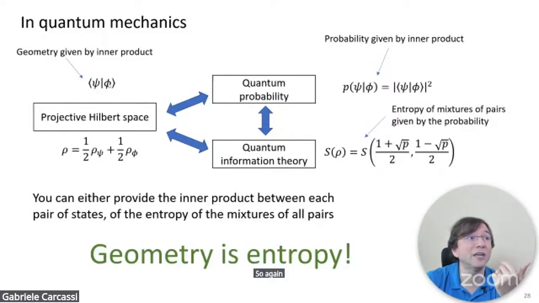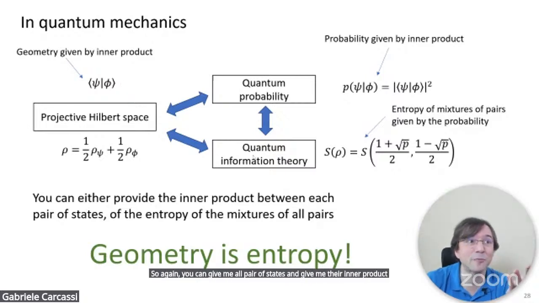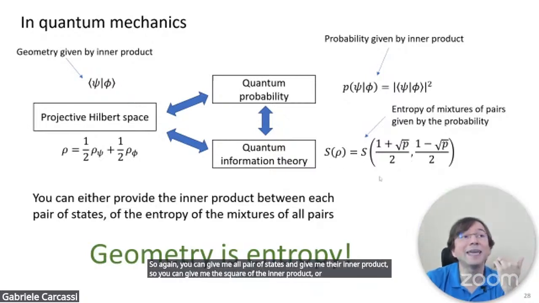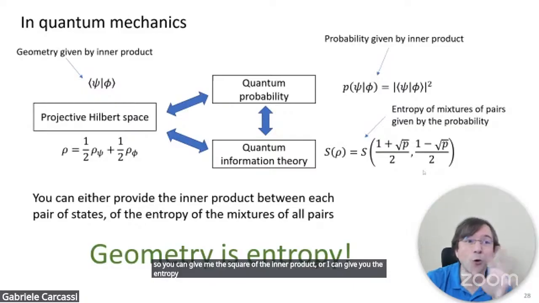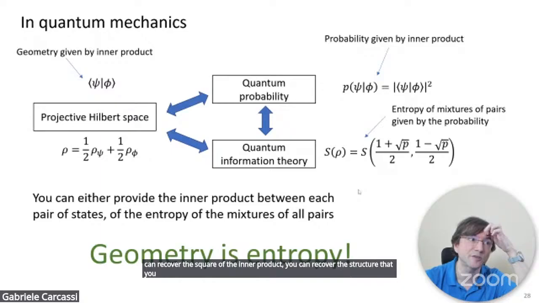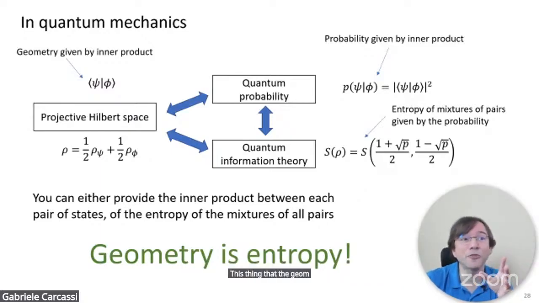So again, you can give me all pairs of states and their inner product, or you can give me the square of the inner product, or I can give you the entropy for all the equal mixtures of any pairs of states, and from that you can recover the square of the inner product. You can recover the structure that you have on the projective Hilbert space. So this thing, that geometry is entropy, works both in classical mechanics and in quantum mechanics.